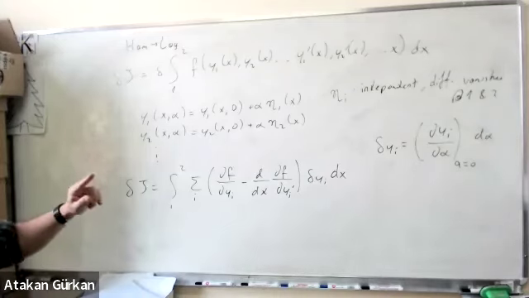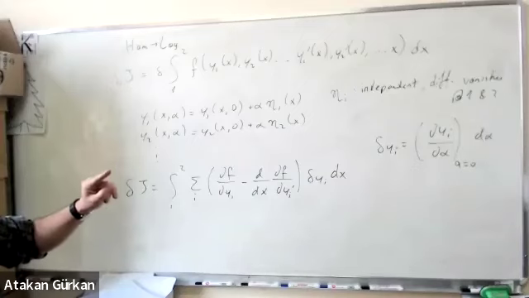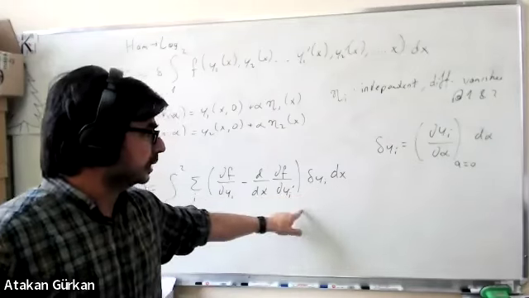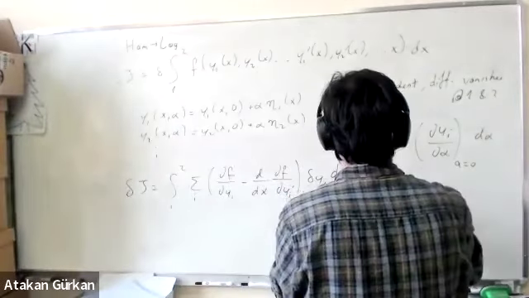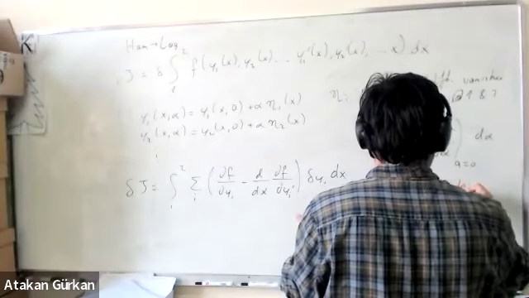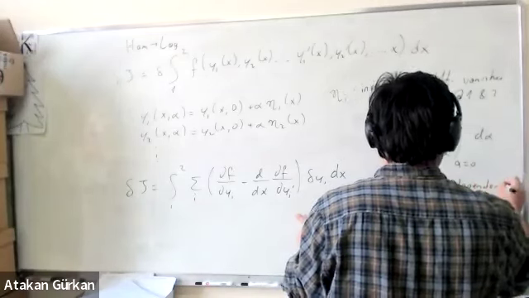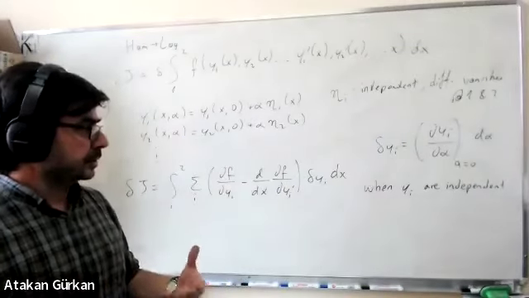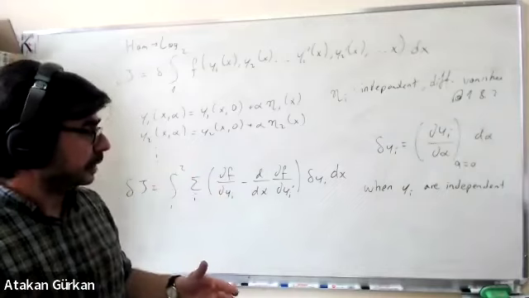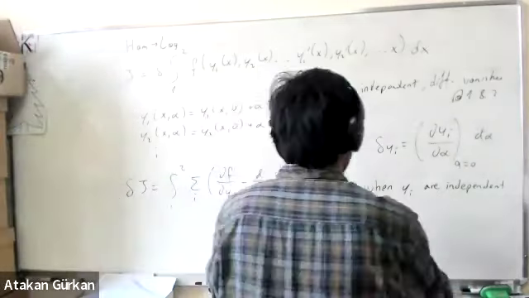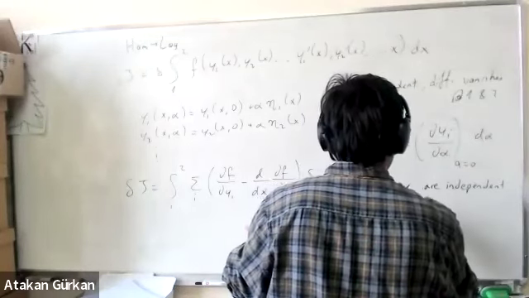Okay? So for holonomic constraints, our yi are going to be independent, and when yi are independent, so are these delta yi. So let's write this down. When yi are independent, which is our case, because our constraints are holonomic, and this can always be written in terms of generalized coordinates and so on and so forth, these delta yi are also independent.